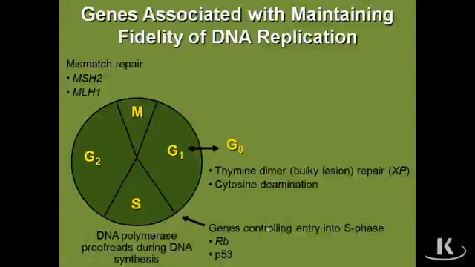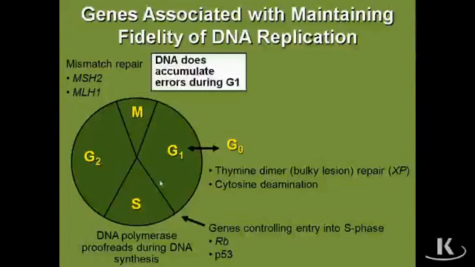What we need to add in here are some additional genes that control entry into the S phase. You see, what the cell needs to do is to block somehow the mutations that accumulate during the G1 phase. Cells will accumulate these mutations, and the mutations will be repaired, but it takes some time.